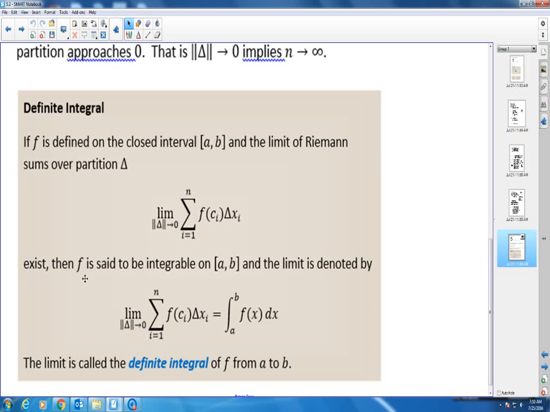If that limit exists, then the function f is said to be integrable on the closed interval from a to b, and the limit is denoted by the integral, so the limit of the Riemann sum as the partition approaches 0.